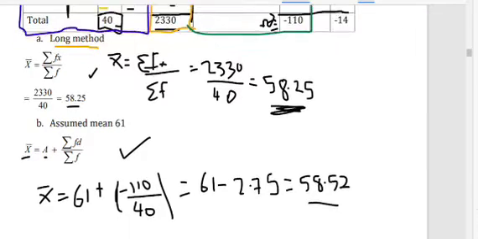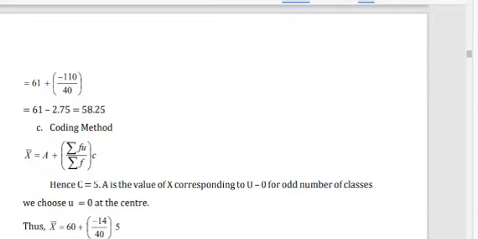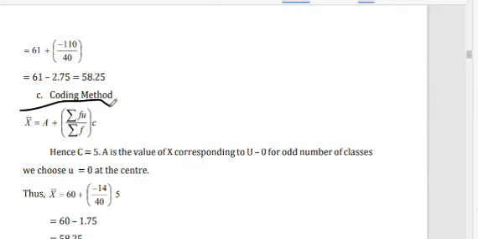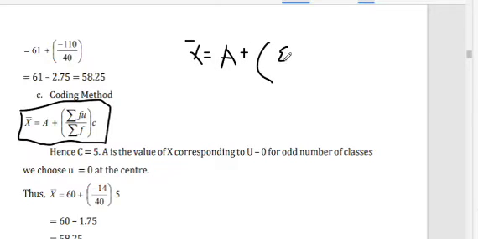So I'll look at this. The coding method, the formula you are going to use is this. Mean is equal to assumed mean plus summation fu all over summation f, times c.